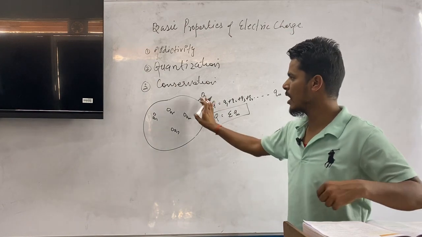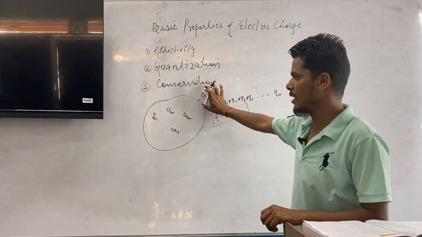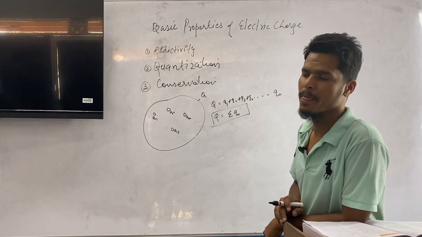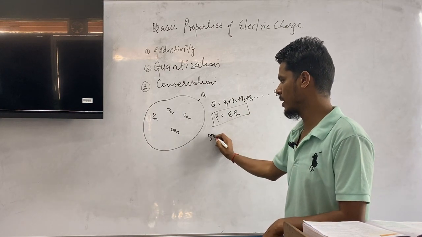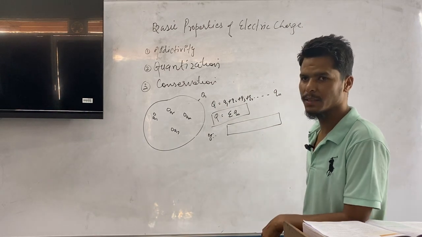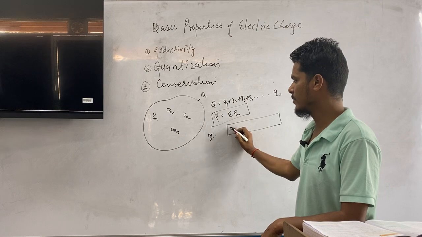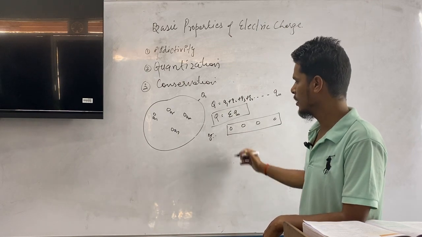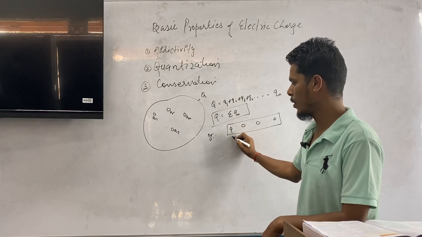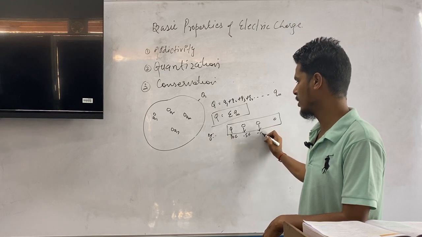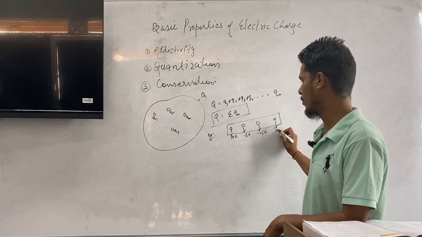That means the net charge on an isolated body is the algebraic sum of charge on individual points on that body. Let's understand it through an example. Suppose I have an iron rod. Suppose it has some points inside it, and the charges on these points are 10 coulomb, minus 5 coulomb, minus 15 coulomb, and 10 coulomb.